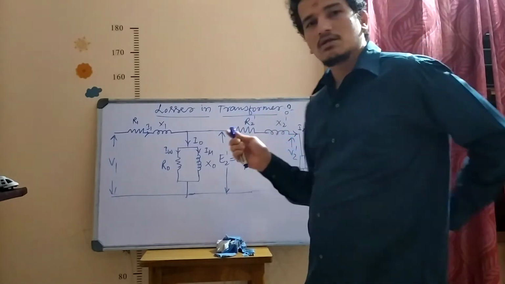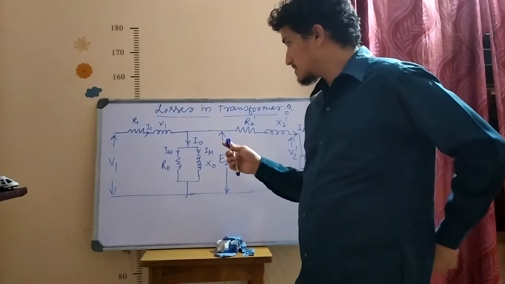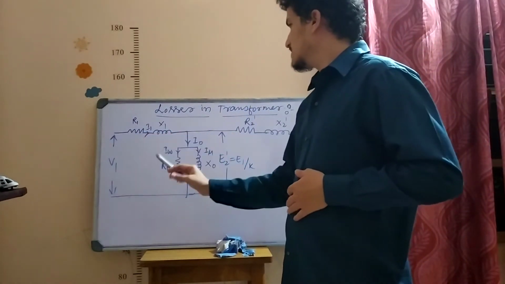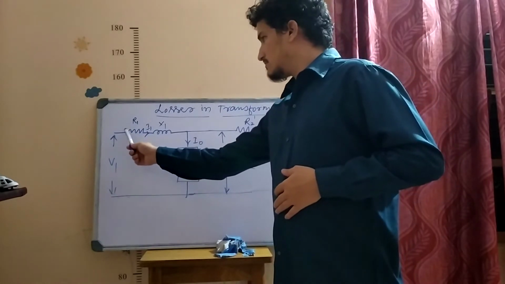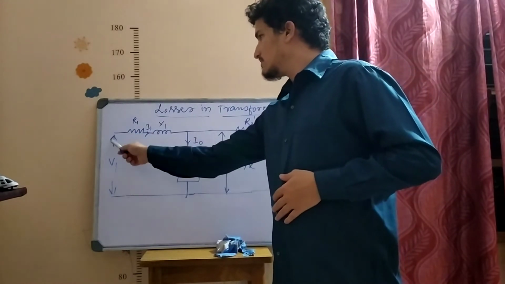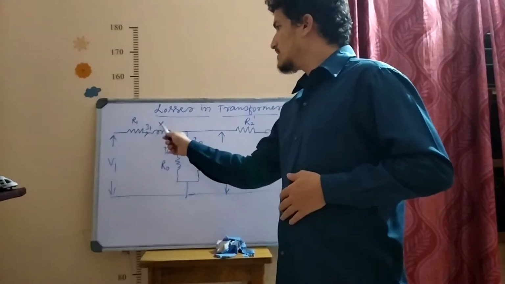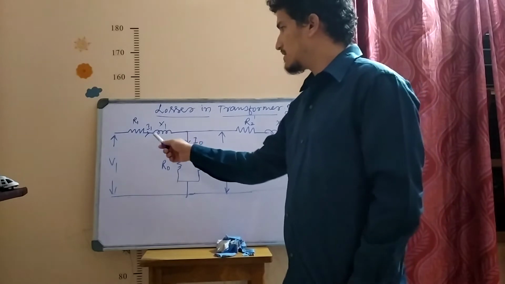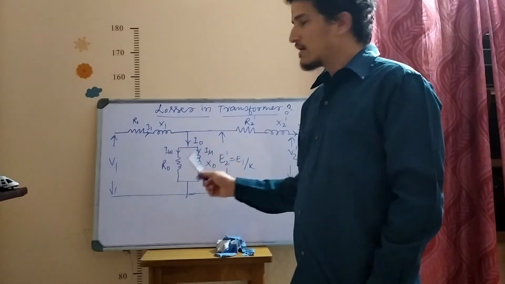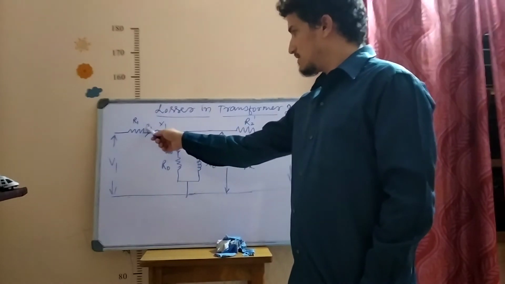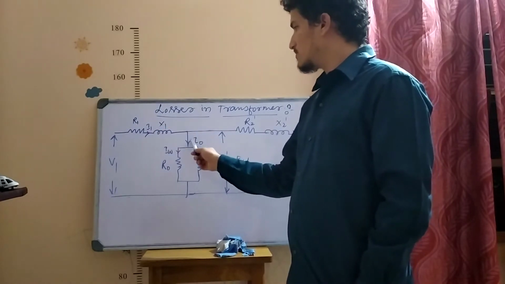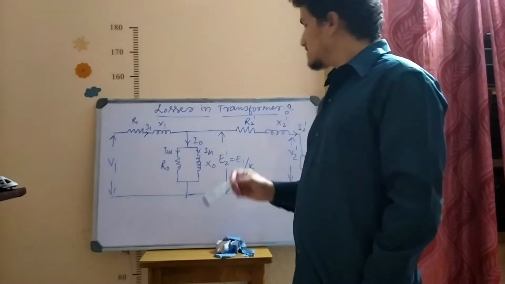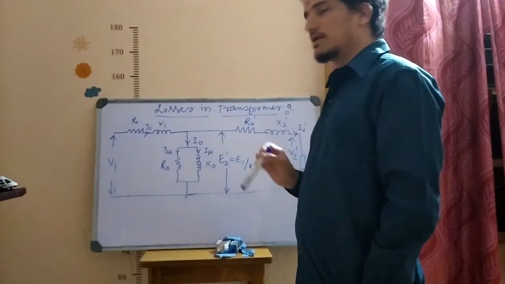So this is the approximate equivalent circuit of the transformer. Here you can see the primary circuit, where V1 is the applied voltage. R1 and X1 are the primary resistance and the primary reactance of a practical transformer. I1 is the primary current, which is the vectorial summation of the no load component of the current I0 plus the load component of the current, I2 dash.